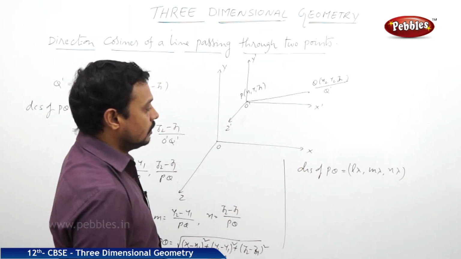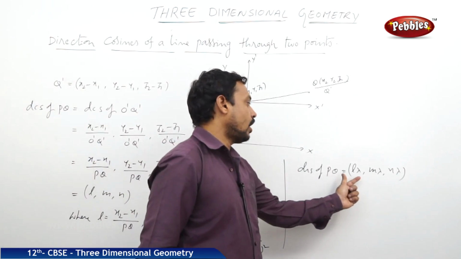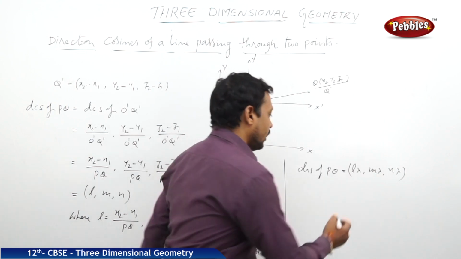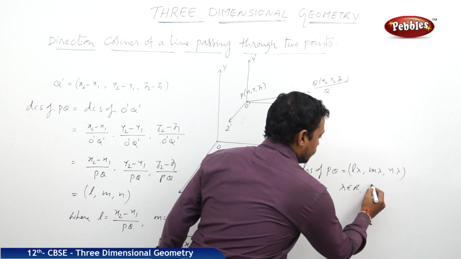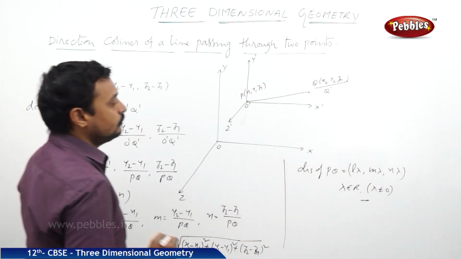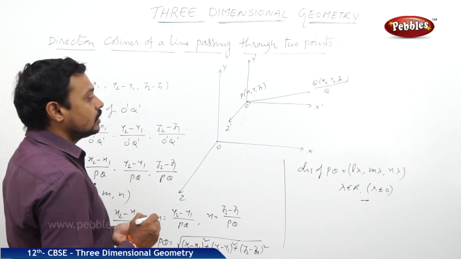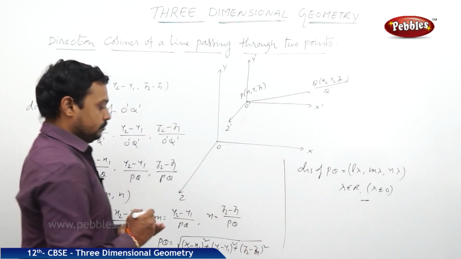The direction ratios of PQ are l lambda, m lambda, n lambda, where lambda is some real number but not equal to 0. So the proportionate values of l, m, n are the direction ratios of the line joining PQ.